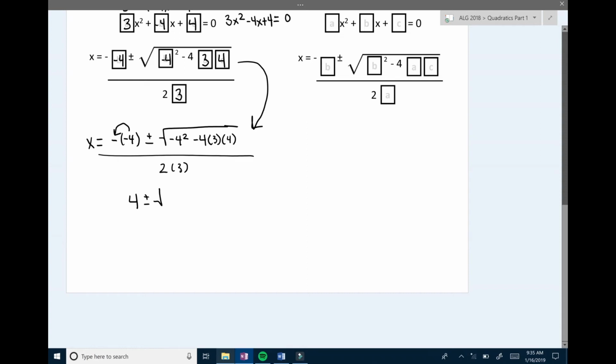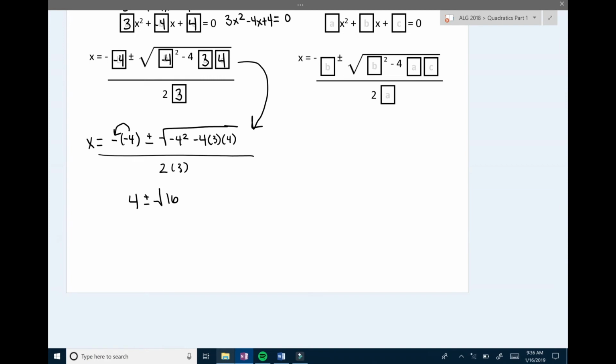Well, negative times a negative is a positive, and 4 times 4 is 16, so it's positive 16. Okay, let's keep going. Negative 4, and remember, you can use your calculator on this. Negative 4 times 3 is negative 12. And then negative 12 times 4 is 48.